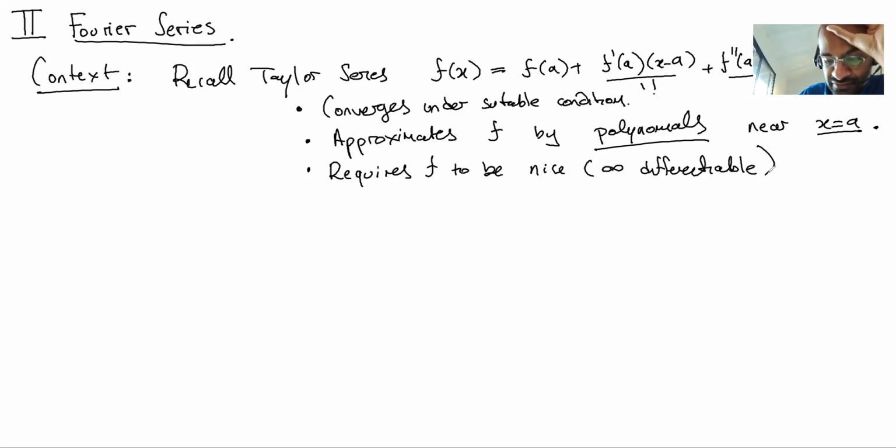And sometimes you want an approximation that holds more than just near a point. So in math, the two most important kinds of series are Taylor series, and the second one is called Fourier series. So what is a Fourier series?